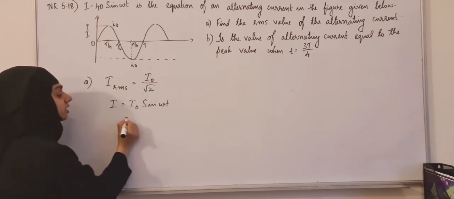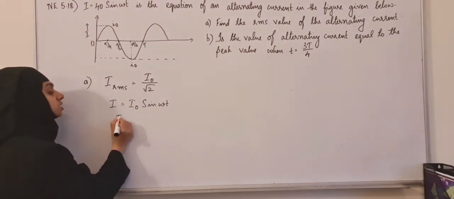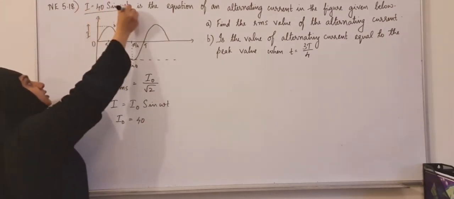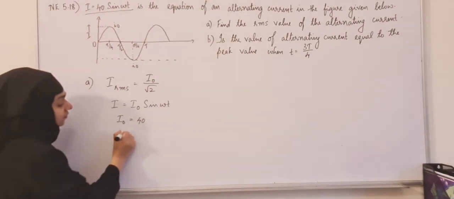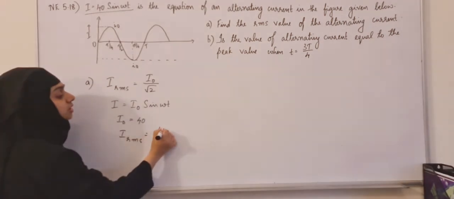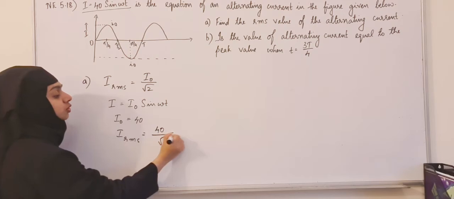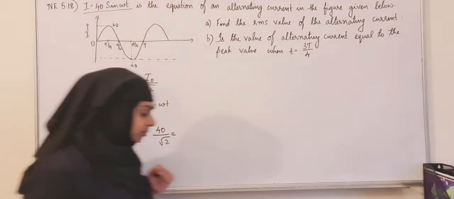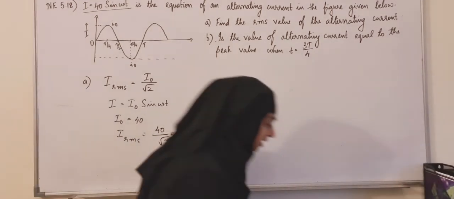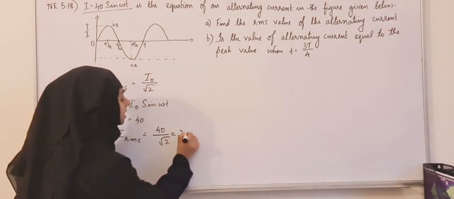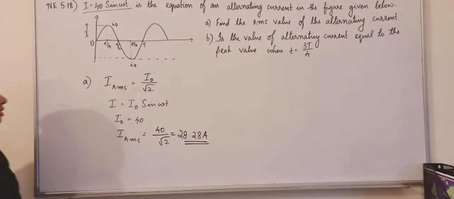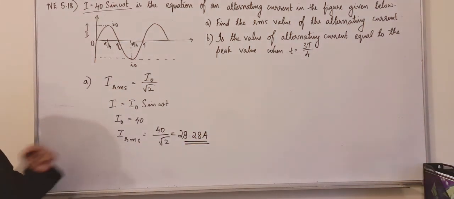So we can find the RMS value of current as equal to 40 divided by root 2. What is 40 divided by root 2? You can use your calculator to find it. You will get the value as 28.28 amperes. So that's all about question A part.